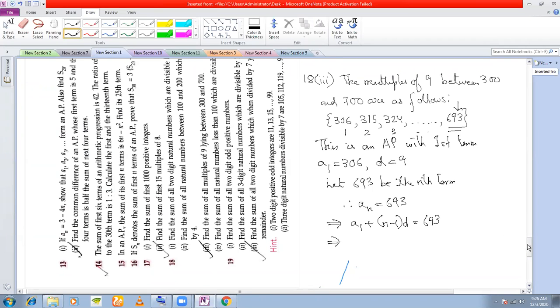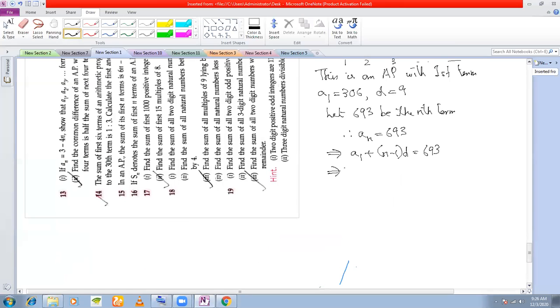Put the values. A1 here is 306 plus n minus 1 times d, and d here is 9, equal to 693. So this is 9 times n minus 1 is equal to 693 minus 306. That means 9 times n minus 1 is 387.